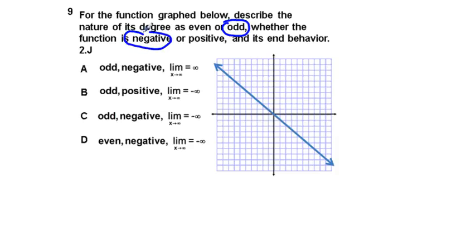And its end behavior is going to be the limit as x goes toward infinity of f of x, we'll call the function f of x, is going to go toward negative infinity. So these are the three things that we're looking for, and they manifest themselves here in answer choice C.